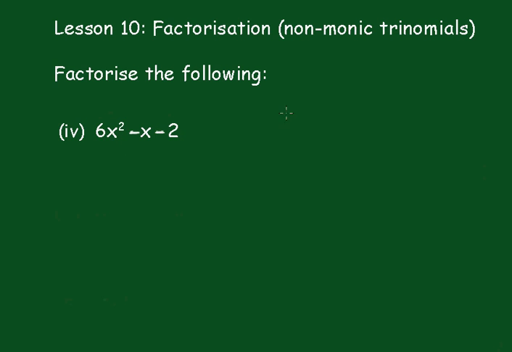Okay, last one. A little bit tricky, this one, so we need to watch it. Now again, we'll multiply those two numbers together. Say what two numbers multiply to give me -12 and add up to give a -1. That's going to be -4 and 3. So this becomes 6x squared minus 4x plus 3x minus 2.